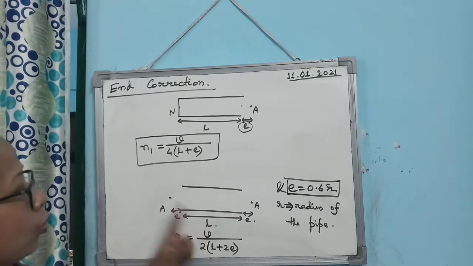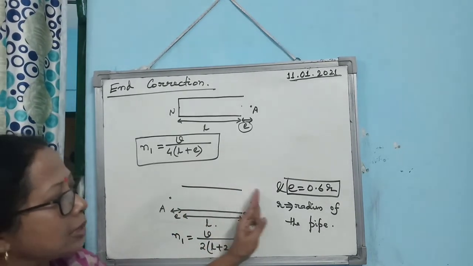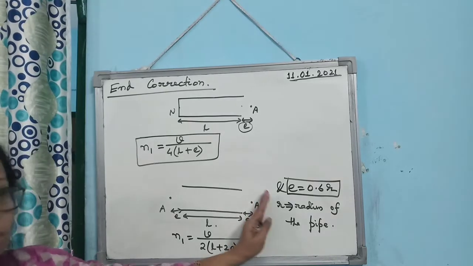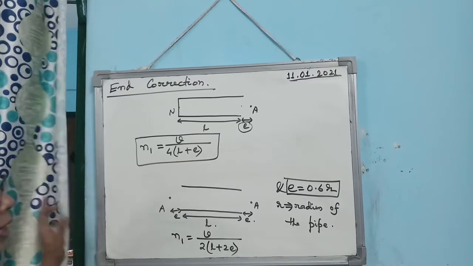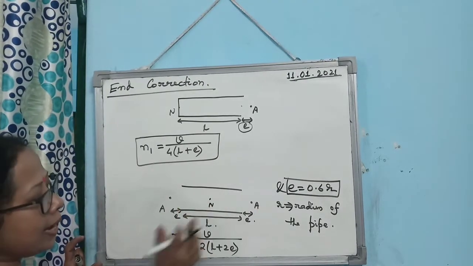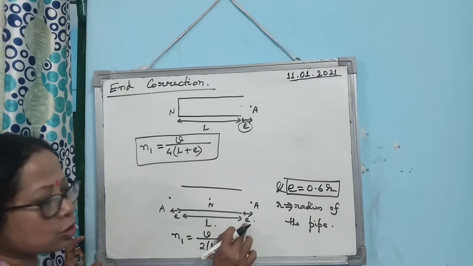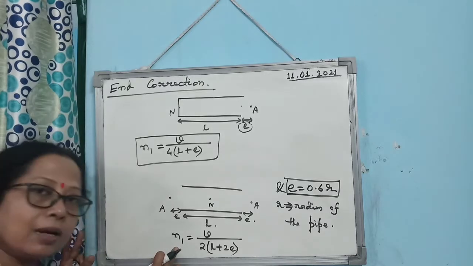Then next comes the open-end pipe. What will happen? The antinode will be slightly outside, on the right side as well as the left side. If you consider that exactly it is N, then 2AN is equal to L + 2e. So what will be the frequency of the fundamental mode of vibration?